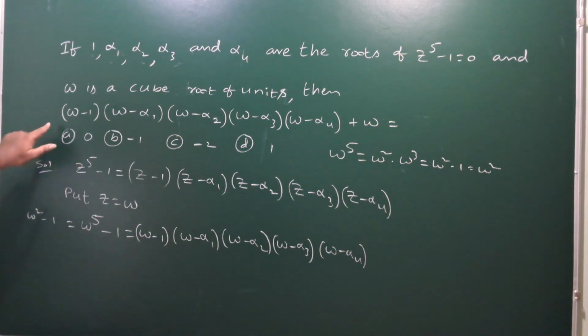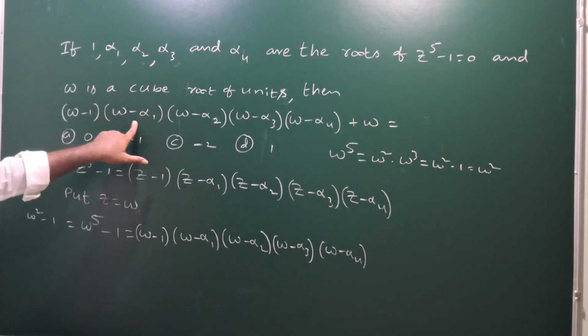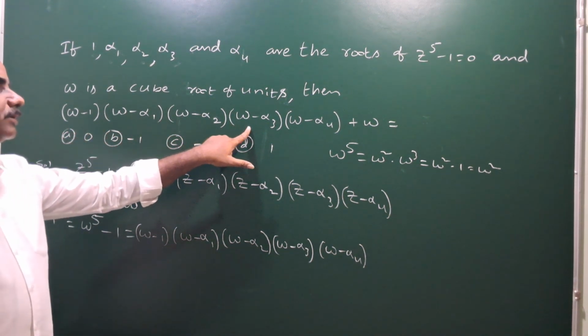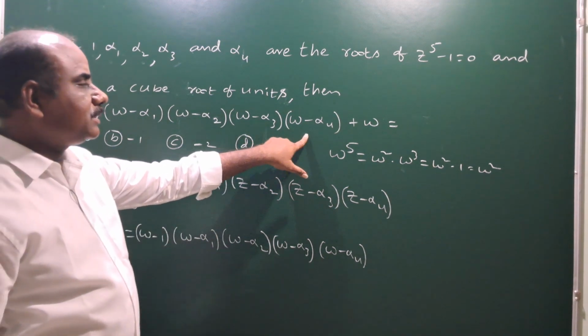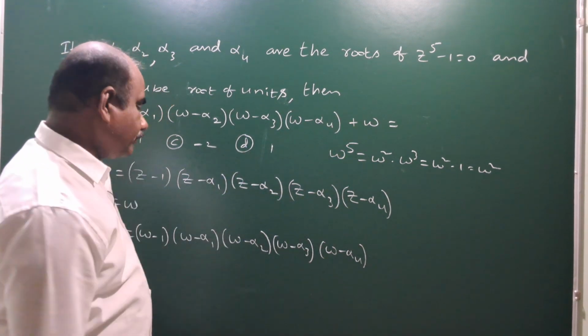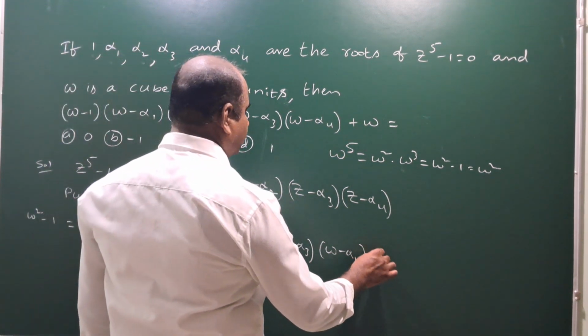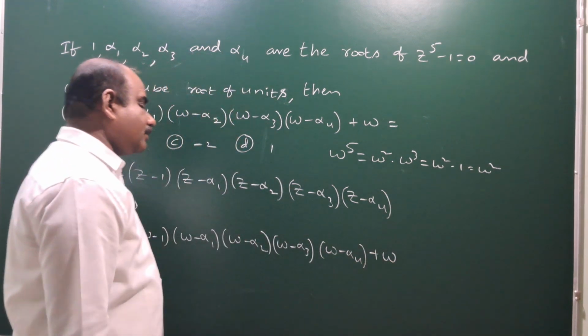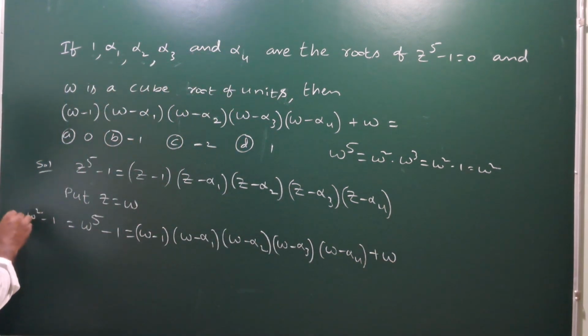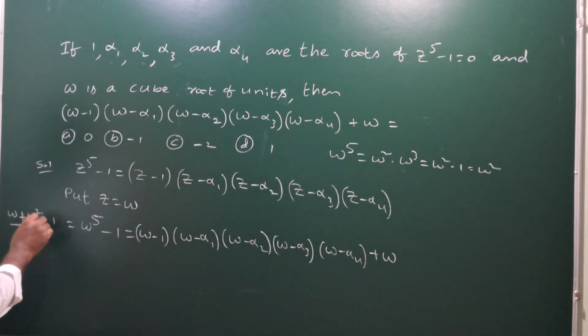And what is our question? (omega - 1)(omega - alpha 1)(omega - alpha 2)(omega - alpha 3)(omega - alpha 4) plus omega. So now we have to add omega to this equation on both sides. Now what is omega plus omega square?